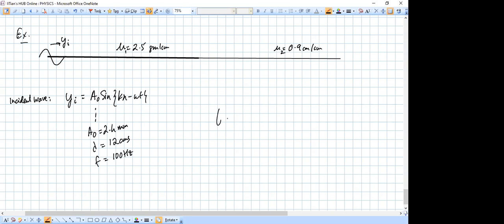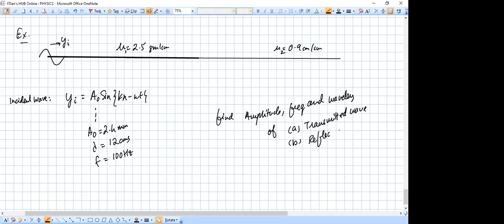So find amplitude, frequency, and wavelength of the transmitted wave and the reflected wave from the junction. Okay, this over here is the junction.